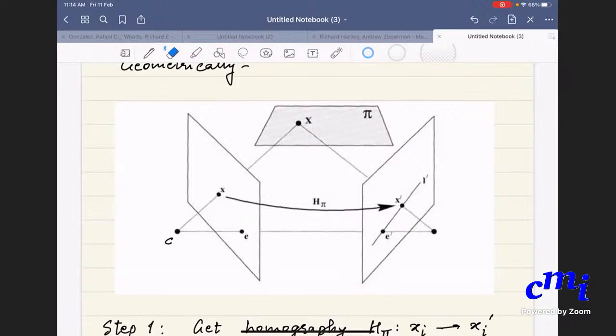We have reasoned that the image of x is going to lie on some line here, so we will try to construct a homography between these two points. And how are we going to locate this x prime in the first place? So geometrically, the location of x prime can be given as follows.